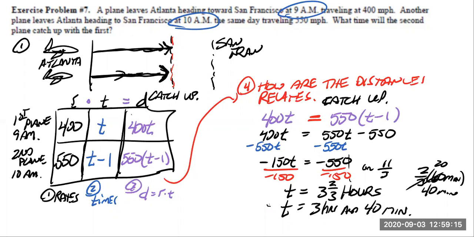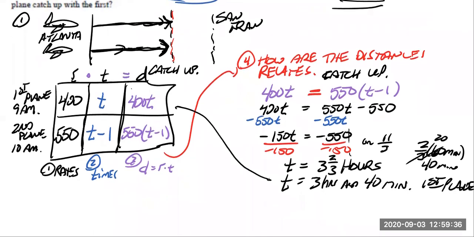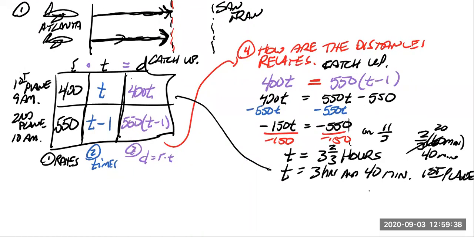But again, the question is, what time will the second plane catch up to the first? So that's when we need to go back. T represents the time of the first plane. This is from 9 a.m., how long the plane's been in the air.